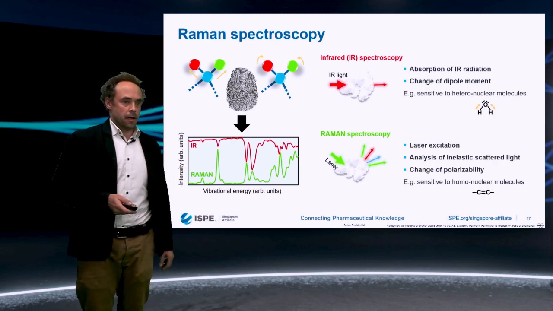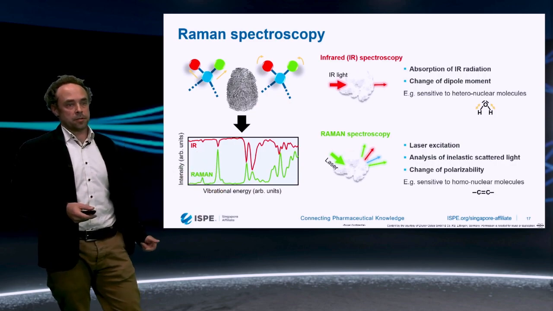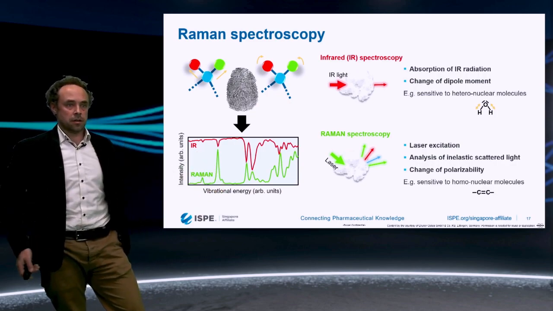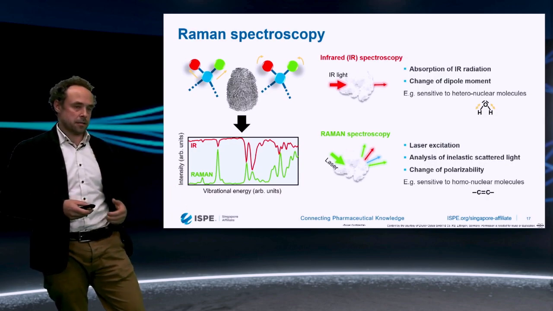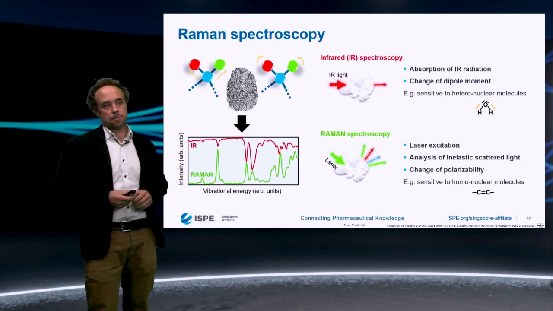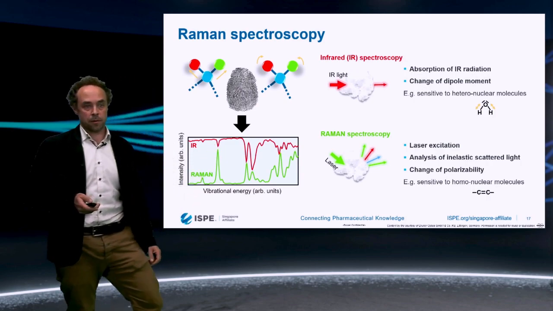In the Raman spectrum, we then see peaks at the position, or at the energy, of a lattice or molecular vibration, and in the same manner we can use the Raman spectrum for analysis. It depicts a fingerprint like the IR spectrum, you know.